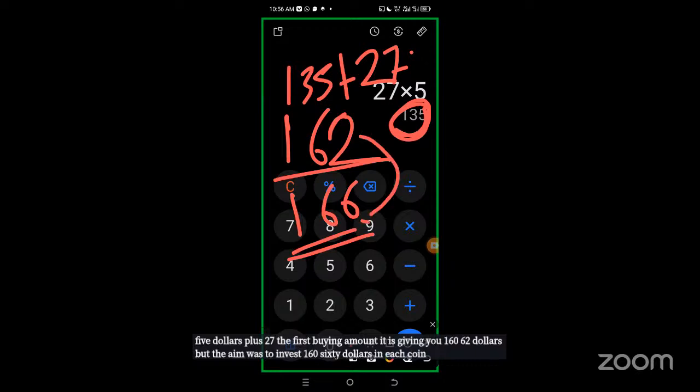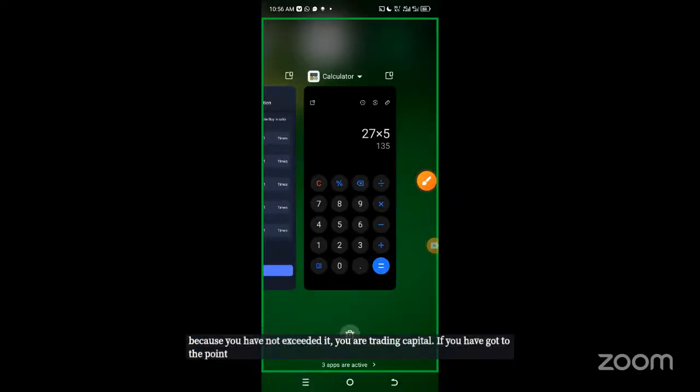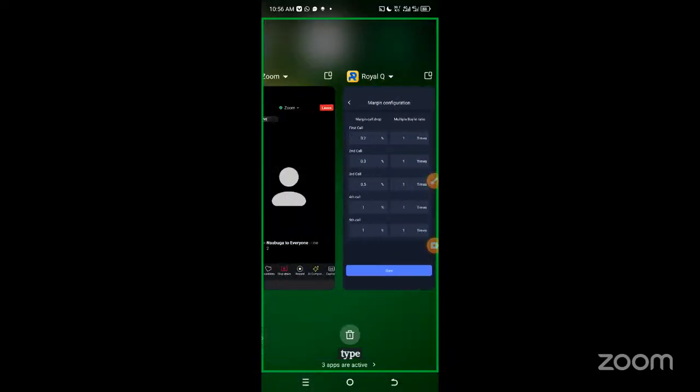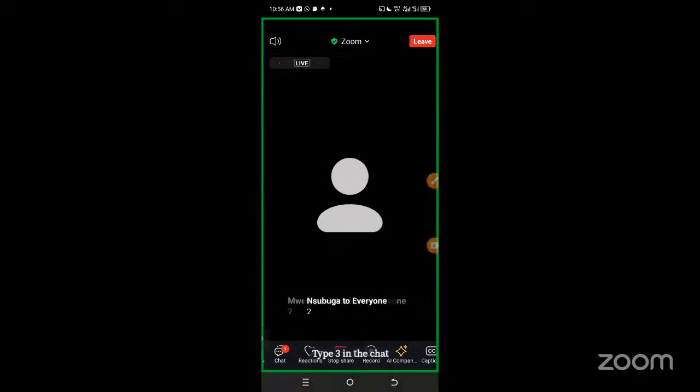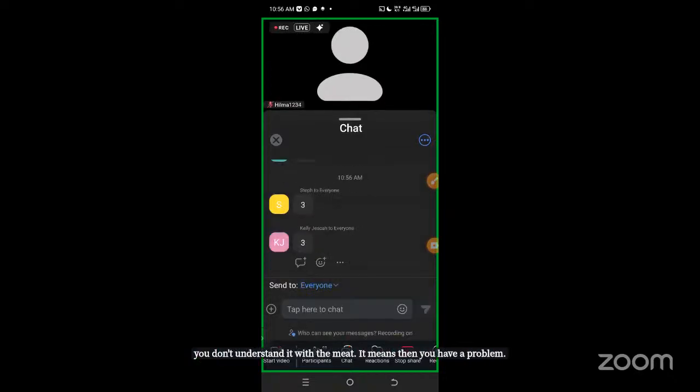This is very okay because you have not exceeded your trading capital. If you have got the point, type a 3 in the chat. If you don't understand with me, it means you have a problem.